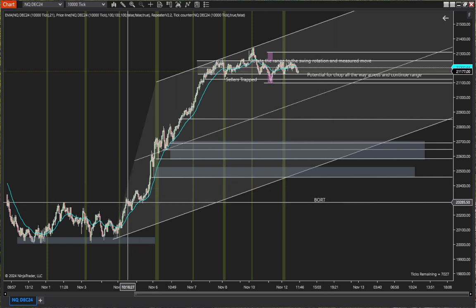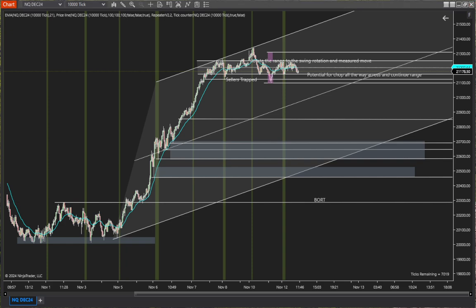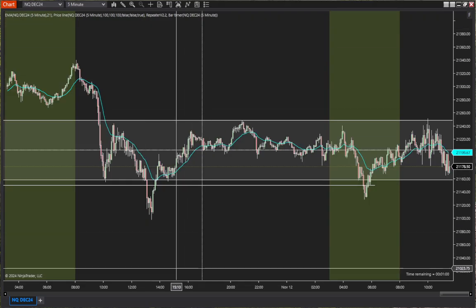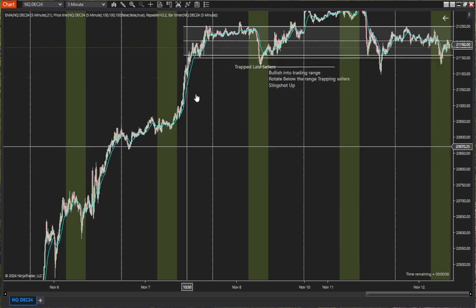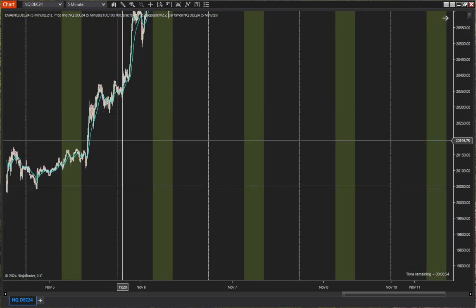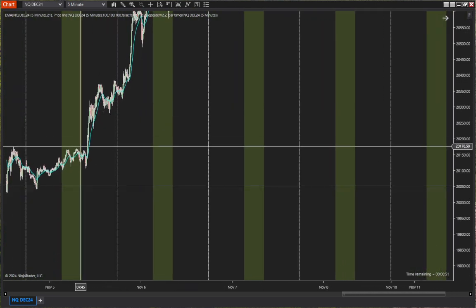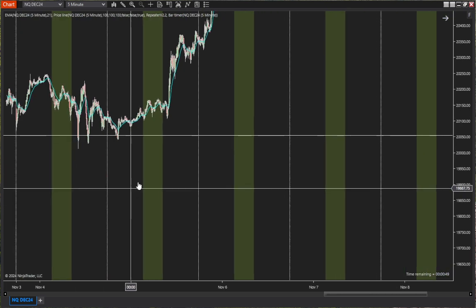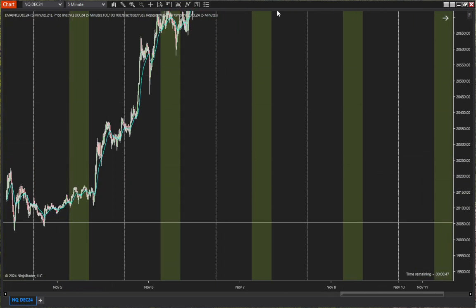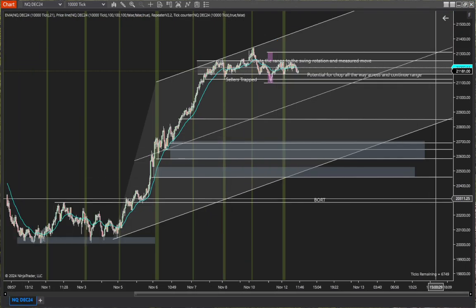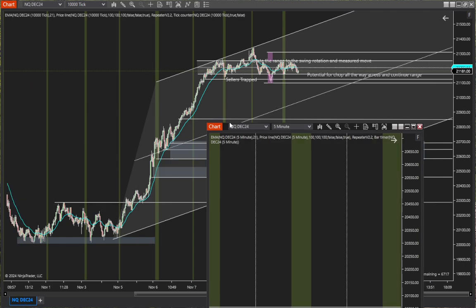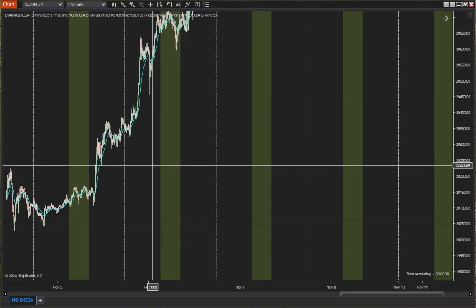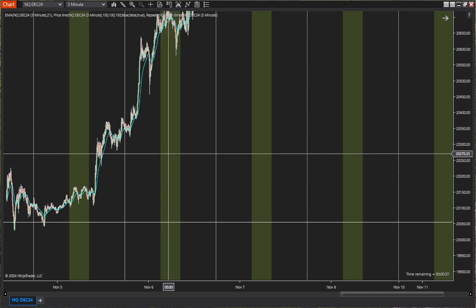Now let's correlate this to a 5-minute chart. We got 20,285. Do we have a fair value gap for all those people that like trading fair value gaps at 20,285? Let's go all the way down here. Look at this 5-minute. 20,285, 20,200.